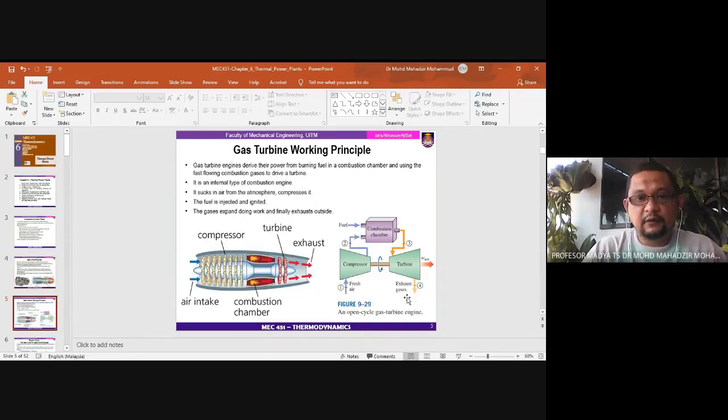How does this principle of gas turbine operate? Actually, it operates based on the combustion of fuel and air.